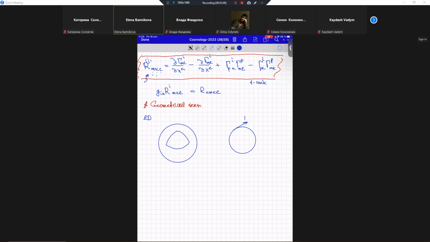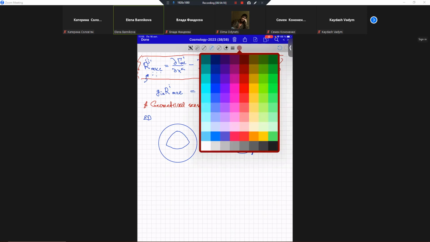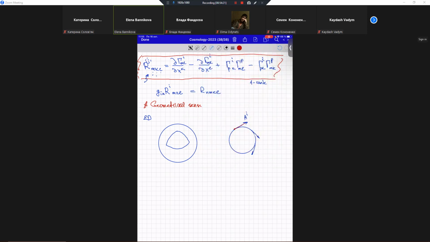So this is, for example, A^i, and I will consider the parallel passing of this vector along this contour. So what will I do? I will do like this, like this. Finally, we understand that this vector will come back to this point in the same place after all of this procedure, when we go around this contour. And this is in the flat space.